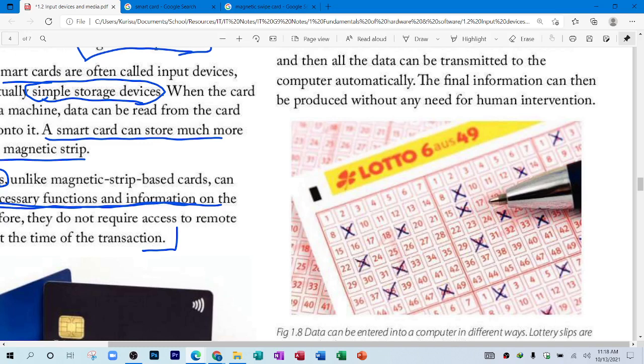What you're basically doing there is putting a mark on that OMR form. When you put that mark, the system would scan it and input the data.